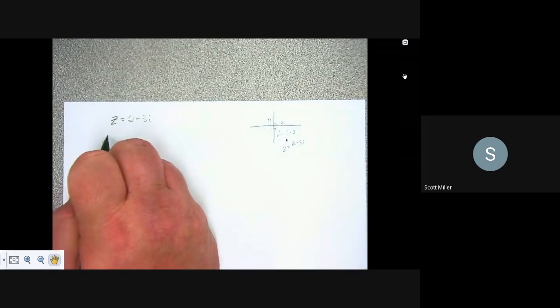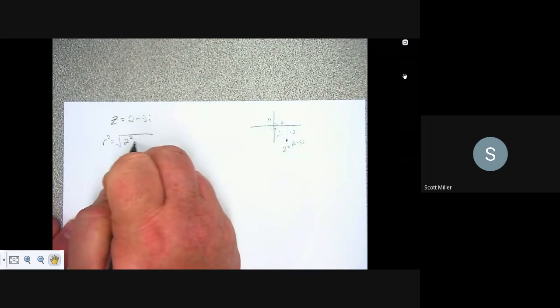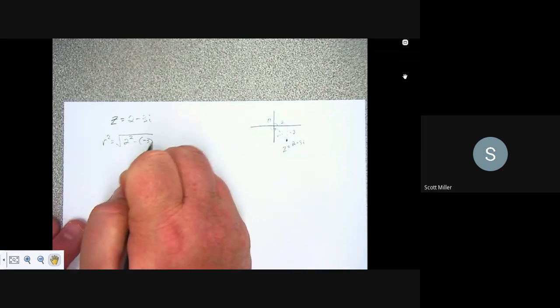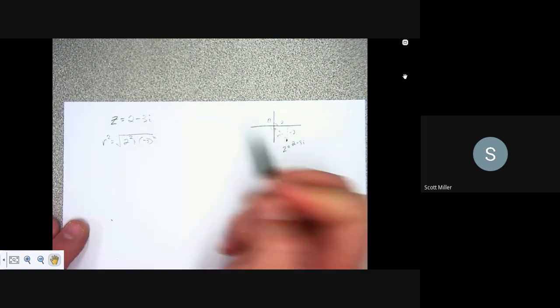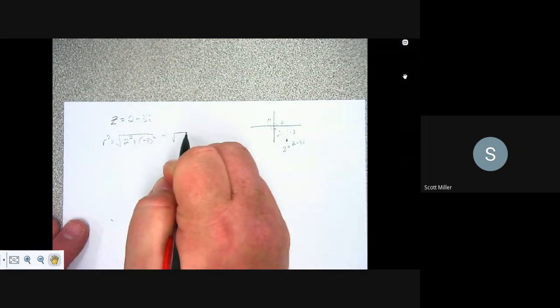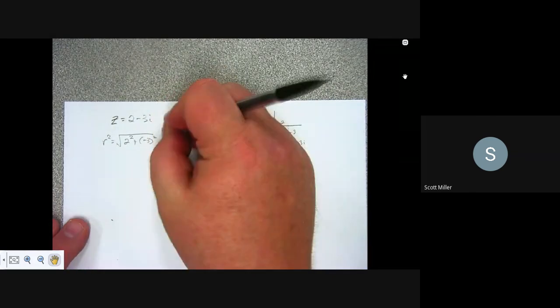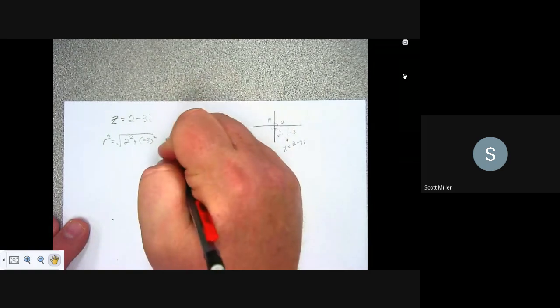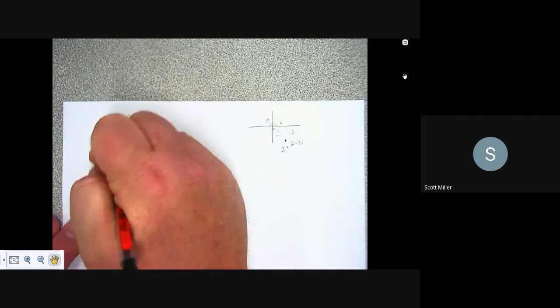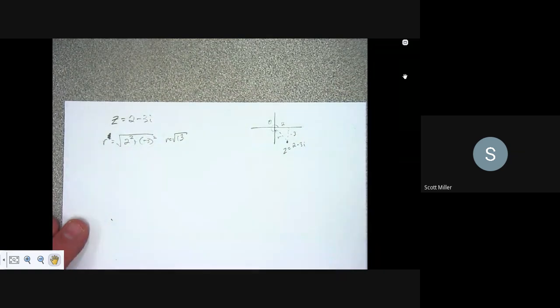I know that r is the square root of 2 squared plus negative 3 squared. That gives me the square root of 13. So r is the square root of 13.